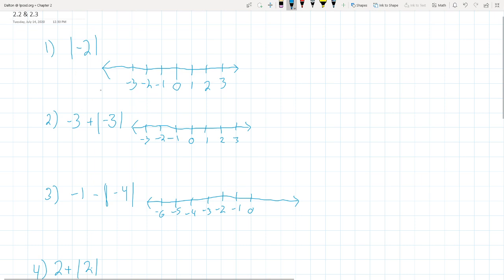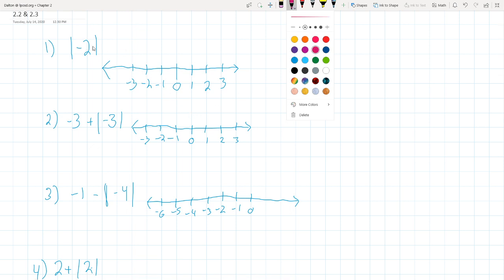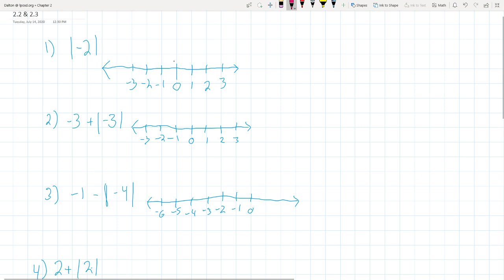So the absolute value of negative 2, if I count them, is 1, 2 away from 0. So my answer for the absolute value of negative 2 is 2. To graph this, I put a solid dot on the number 2.